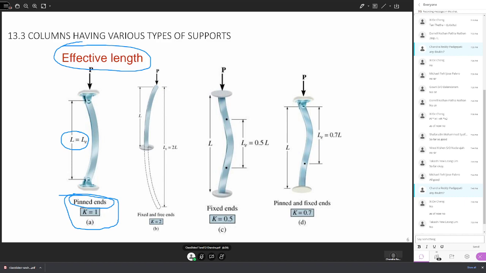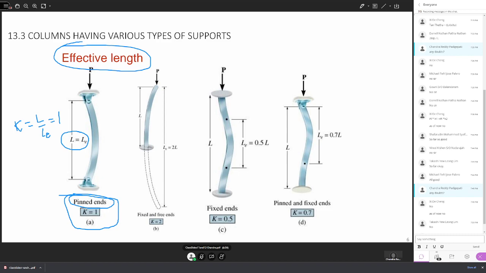In this case the ratio K, which is LE over L, is 1. So when the column is pin connected at both ends, the effective length is the original length of the column, L equals LE.